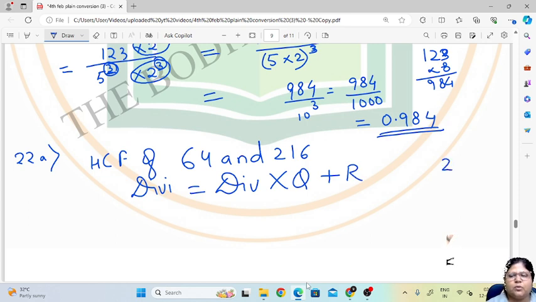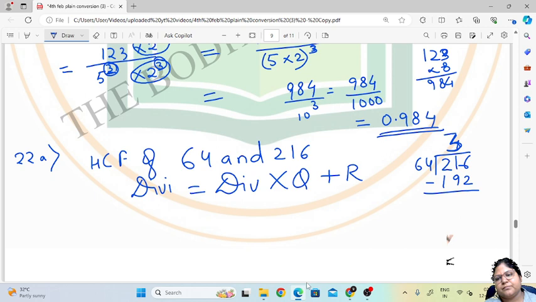When you divide 216 by 64, how many times will it go? It will go 4, I think. 6 4s are 24, no, 3 times. 4 3s are 12, 6 3s are 18, plus 1 is 19, 192. So 11 minus 9 is 2, so 24.